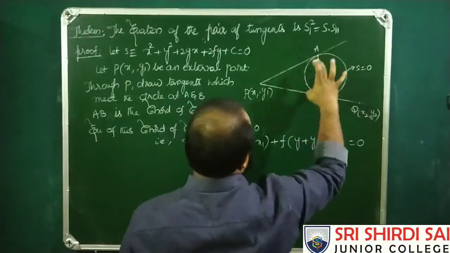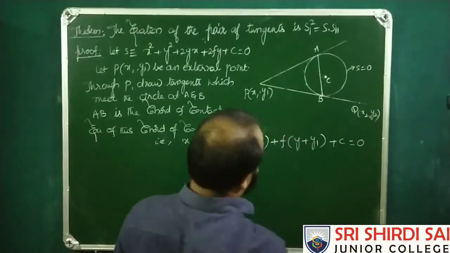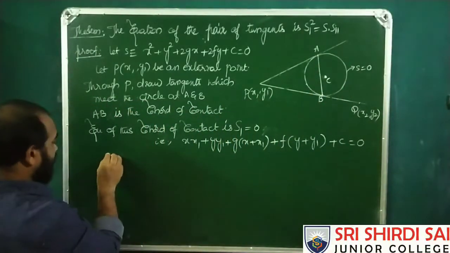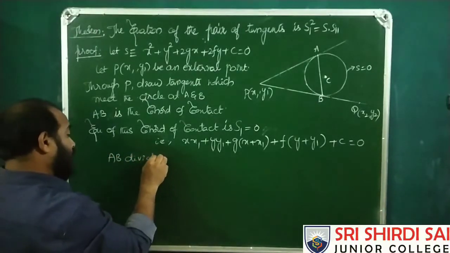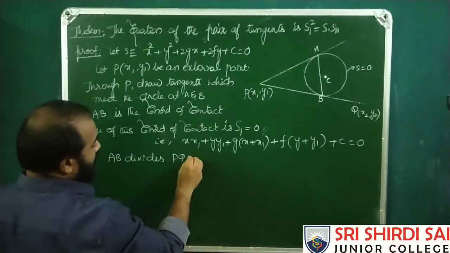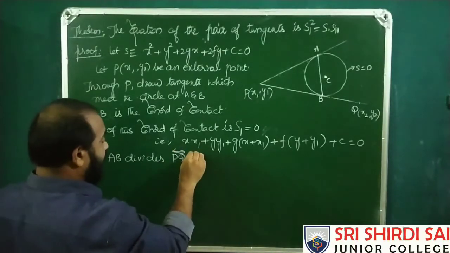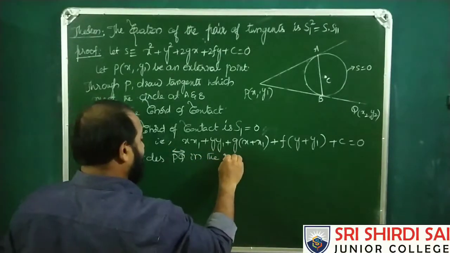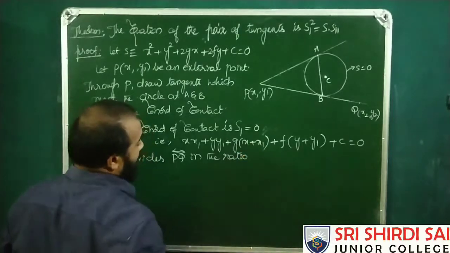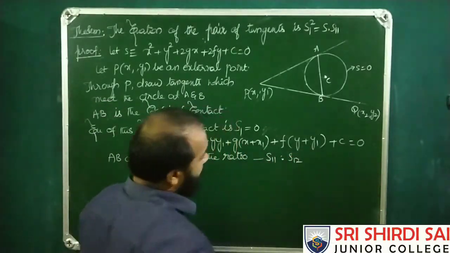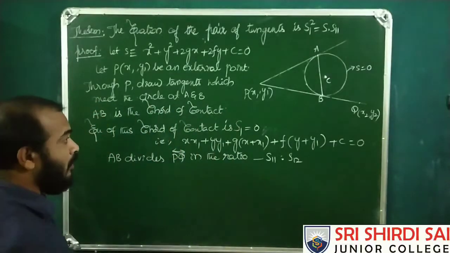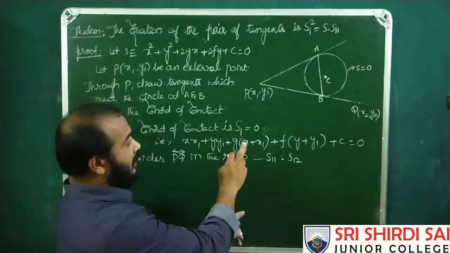So this line AB divides PQ in the ratio minus S11 is to S12. How can we say? Because remember what we have discussed last year.